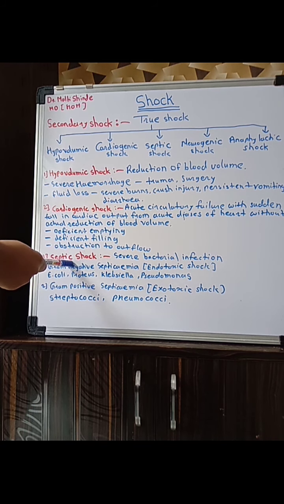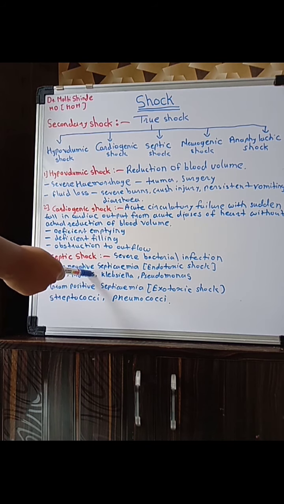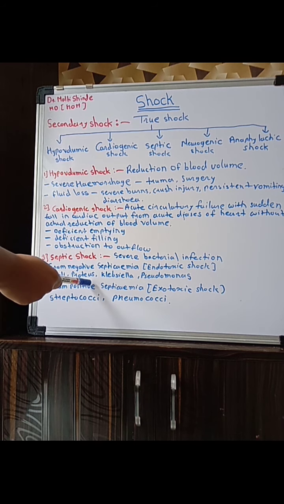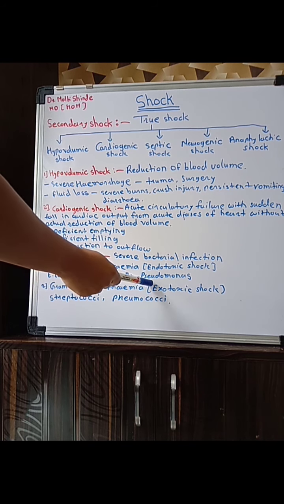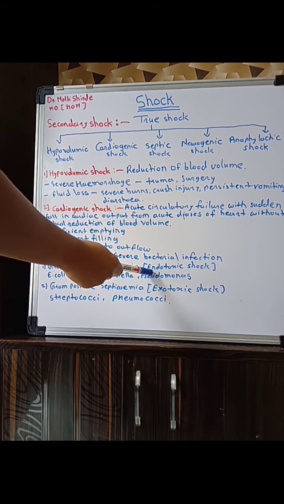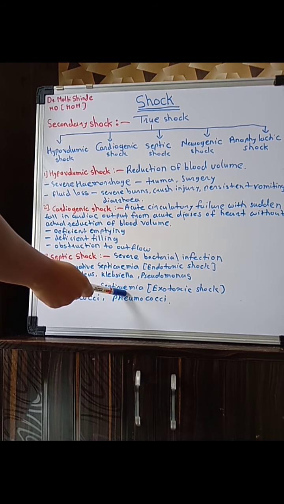This is the septic shock due to the secretion of endotoxin by gram negative bacteria. These gram negative bacteria, E. coli, Proteus, Klebsiella, Pseudomonas, secrete endotoxin, hence it is called endotoxic shock. And the second type is gram positive septicemia.